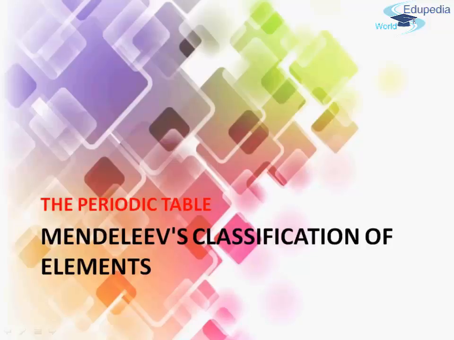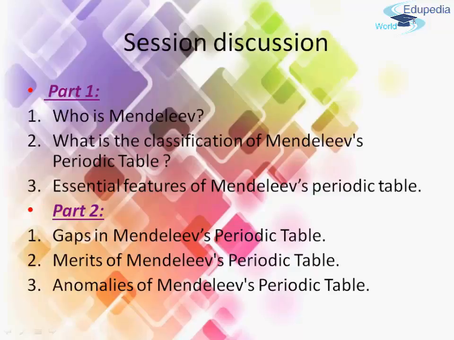Friends, today we are going to start with the continuation part of Mendeleev's classification of elements under the topic of the periodic table. So, dear friends, we have already discussed the first part where we discussed a brief history of the scientist Mendeleev. We learned the classification of Mendeleev's periodic table and the essential features of this table.